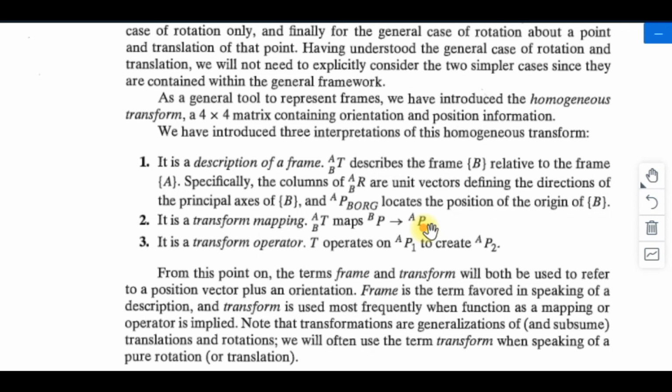Means a set of values can be represented by another set of values if a particular equation is there. If a particular equation is there, then you can easily implement that mapping by using software programming.